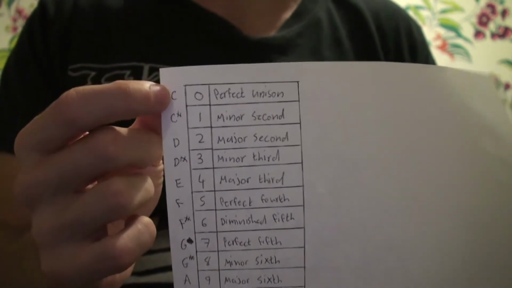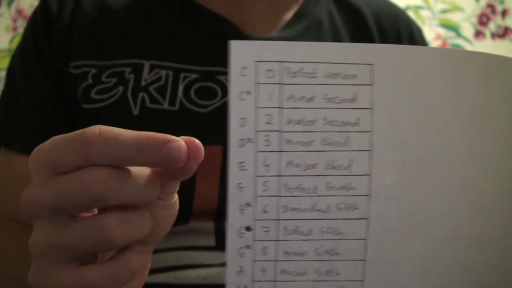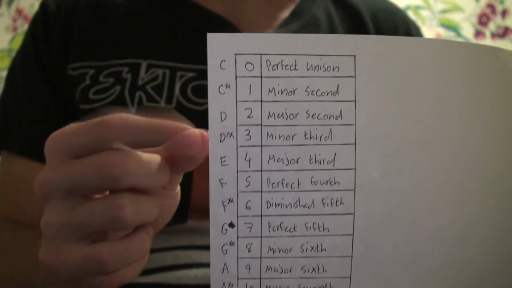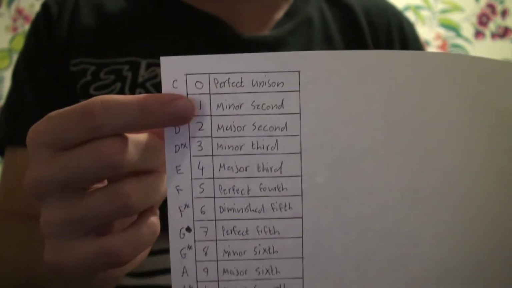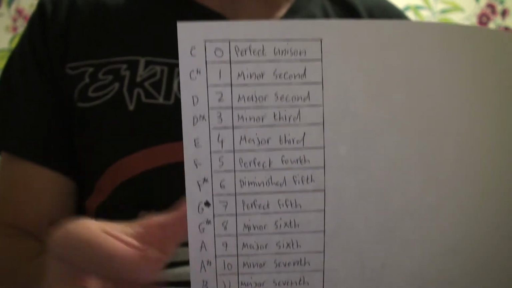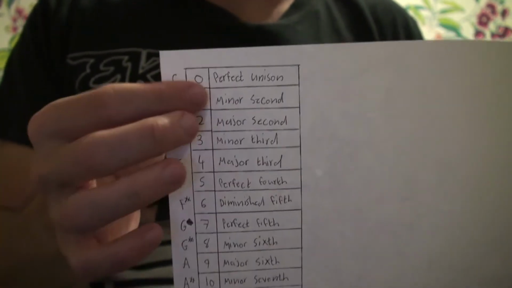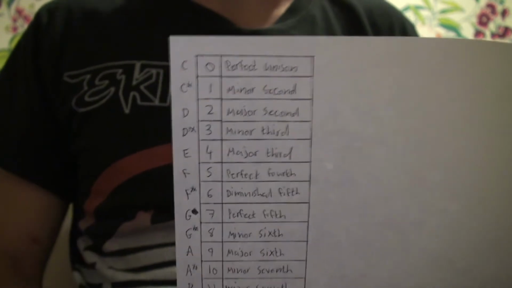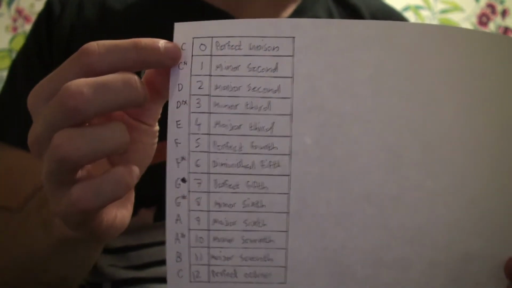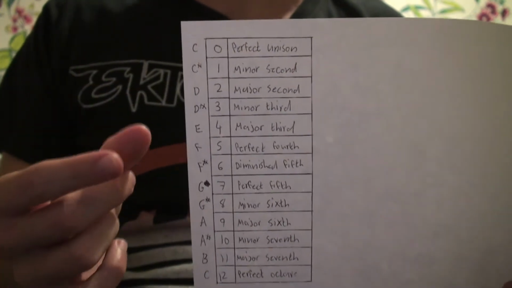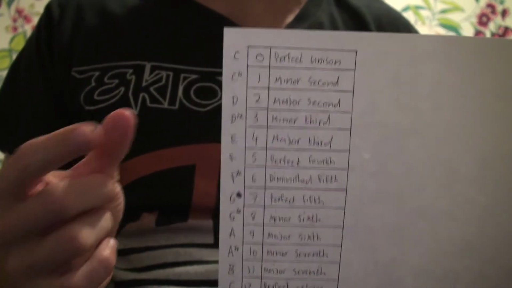Whereas if you go from C to C sharp, that is where you actually start creating a space, and that is the smallest space that you can create. That space is called a minor second. That is when you just go up 1 note. It's the smallest amount of movement.